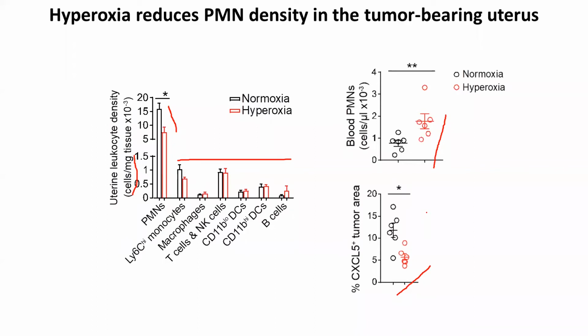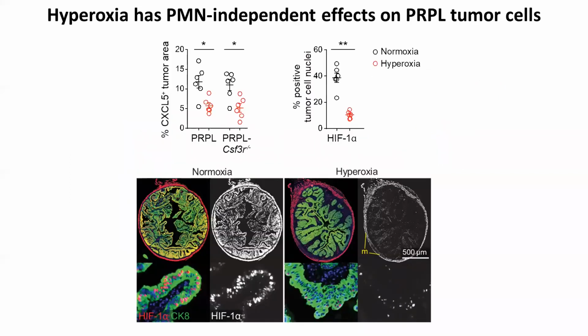So importantly, neutrophils are known to induce an inflammatory response and also to induce hypoxia through a feed-forward loop. So to make sure that this effect was not a de novo effect or due to this feed-forward loop, we performed the same hyperoxia experiment on mice lacking neutrophils.